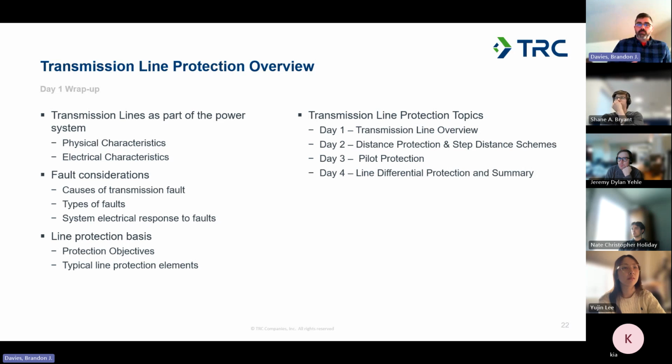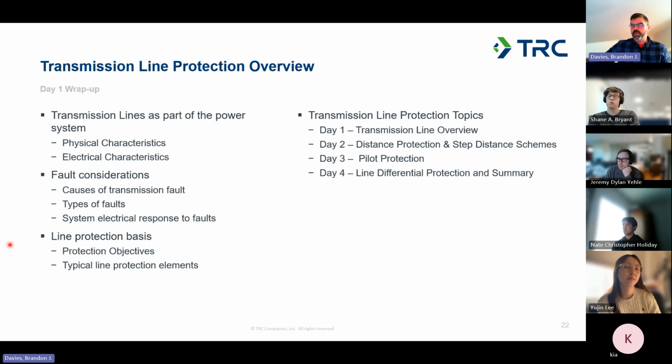So as a wrap up, today we talked about transmission lines as part of the power system, physical characteristics, electrical characteristics, fault considerations, causes of transmission faults, the types of faults, and how the system responds to faults. We also covered a little on some protection basics, the protection system objectives, and some of the elements we'll be talking about over the next few days.